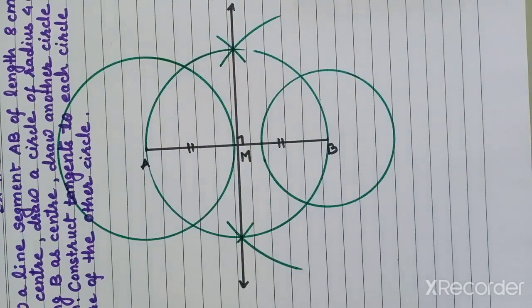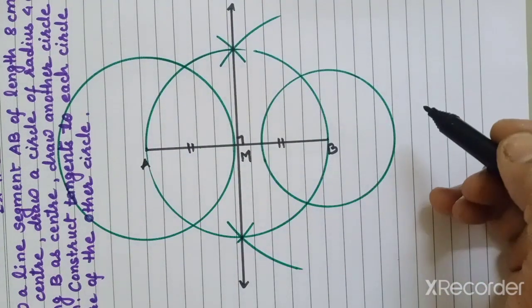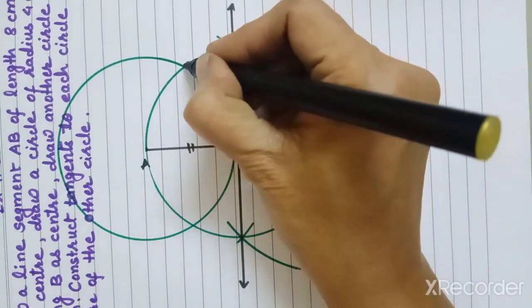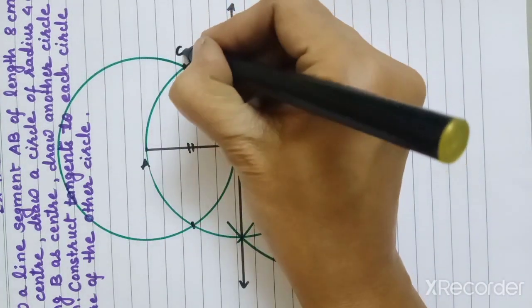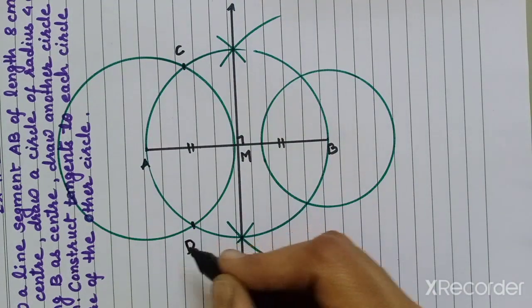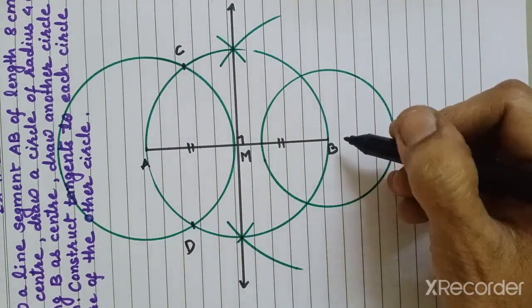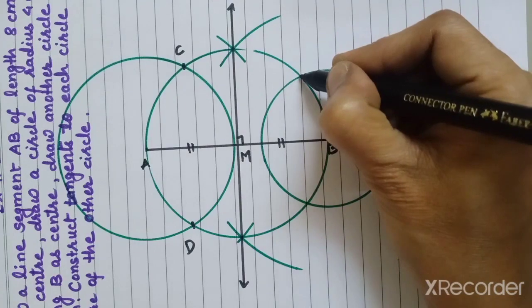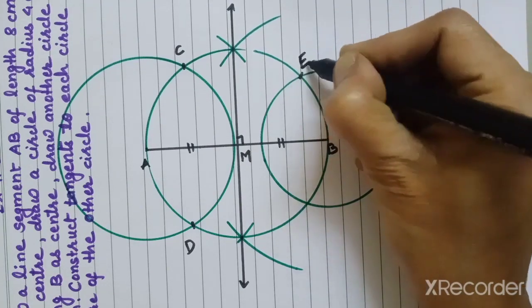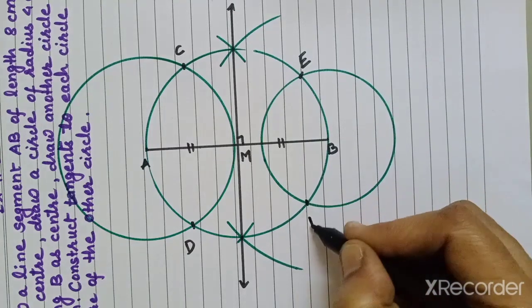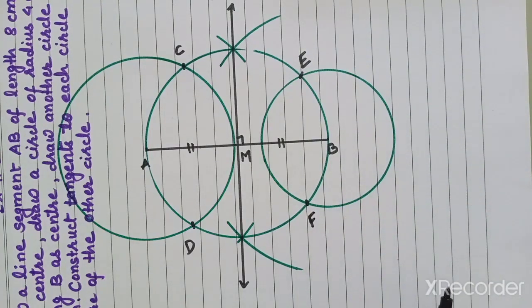Done. Now this circle will intersect both the circles in 2 distinct points. So suppose this is point C, point D, and the circle with center B also, it will intersect in 2 distinct points. Say this is point E and this is point F, right?